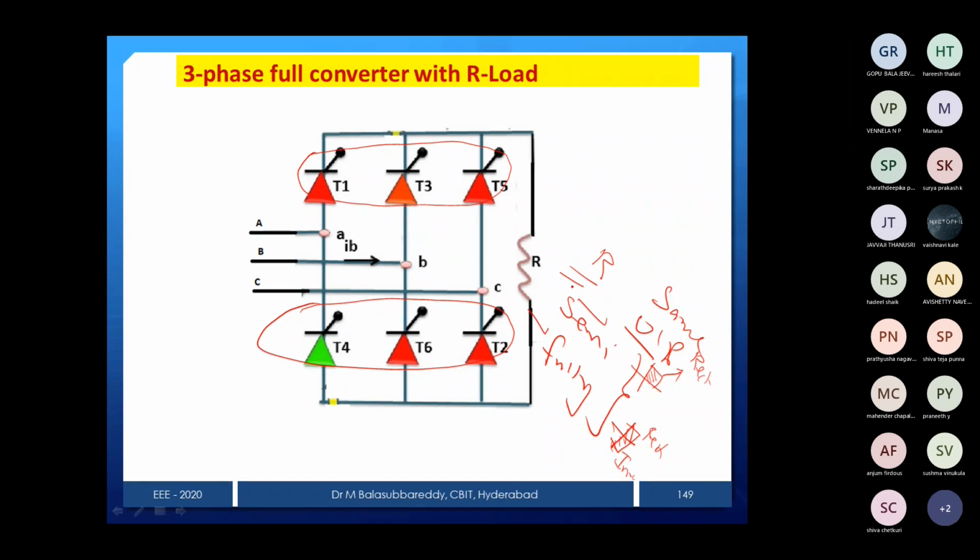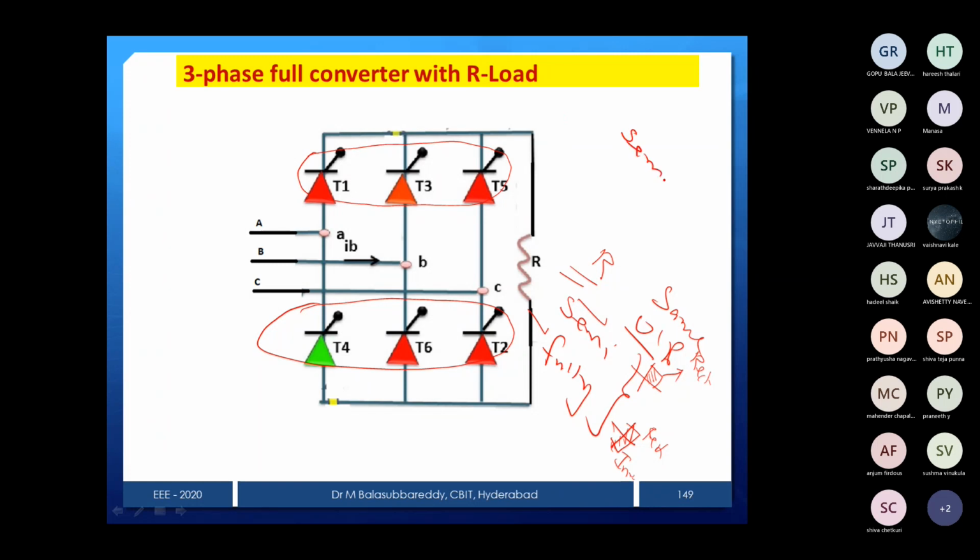That means the motor will not rotate in the backward direction. We apply alpha greater than 90 degree, it acts as an inversion mode of operation. The motor speed reduces sharply to zero level, and you can apply the mechanical brakes, as in traction applications.